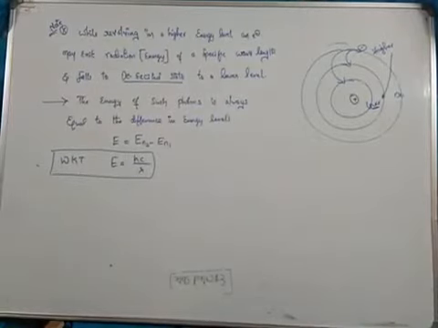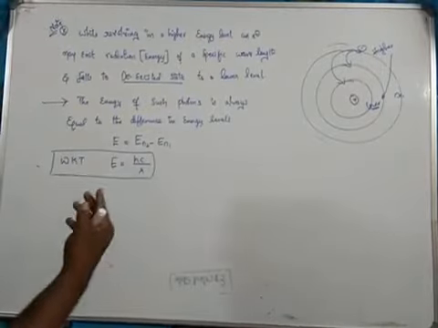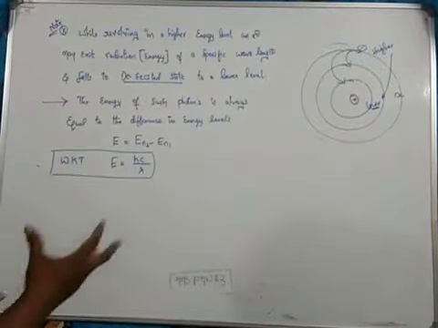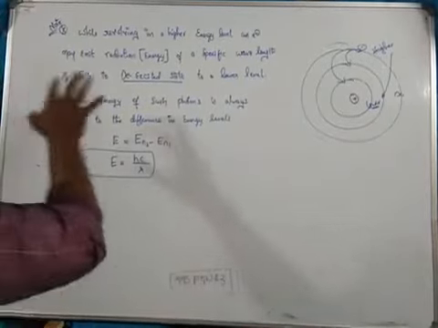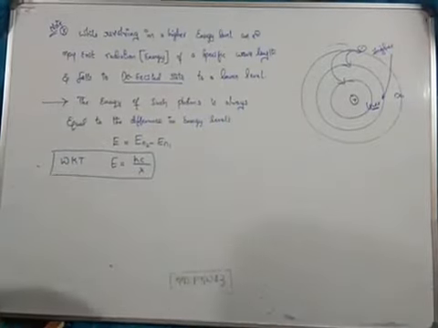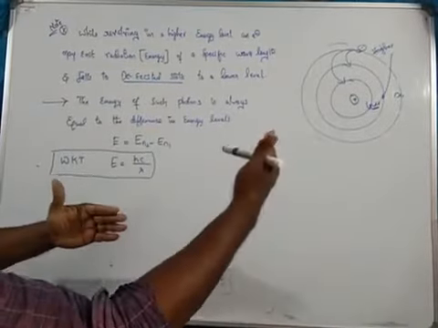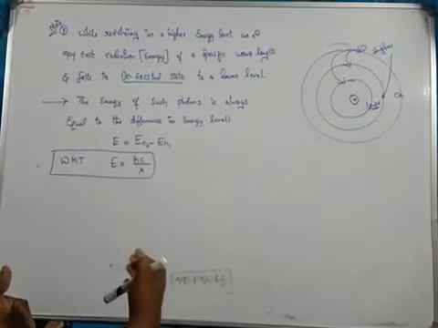The same concept applies if, instead of emitting, it gains some energy while moving from a lower order. We will check in the next, the difference will be E, so what will be the energy level? From first level to second level, we have a difference.